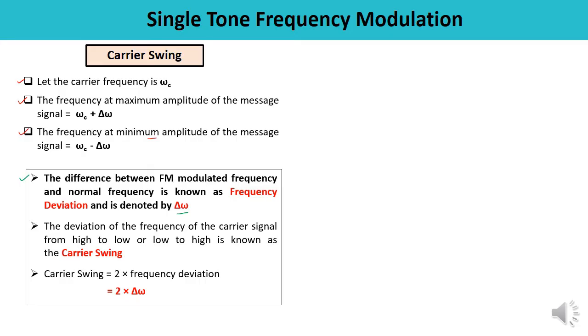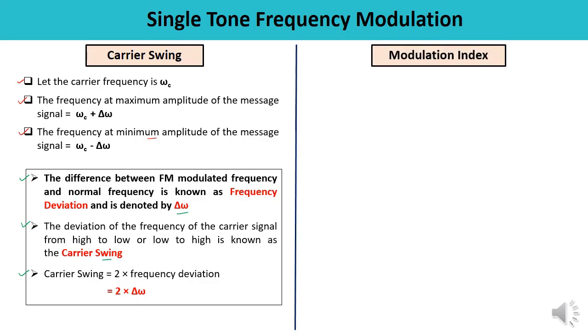This deviation of frequency of carrier signal from high to low or low to high is known as carrier swing. So overall the carrier swing will be twice the frequency deviation, and frequency deviation is delta omega. So the carrier swing is 2 times delta omega.